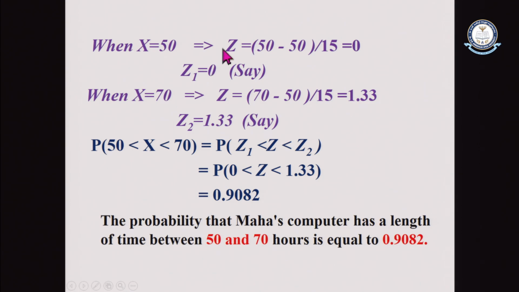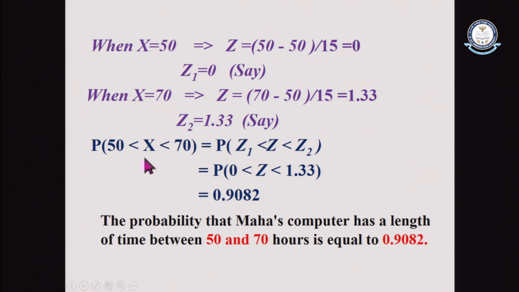When x is 50, Z is 50 minus 50 by 15, that is 0, since 0 by something is always 0. So Z1 is equal to 0. When x is equal to 70, my Z value is 1.33.